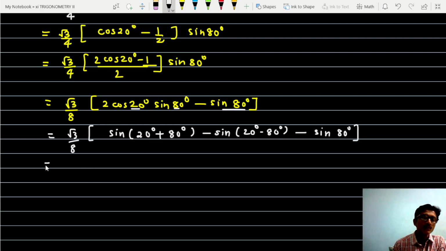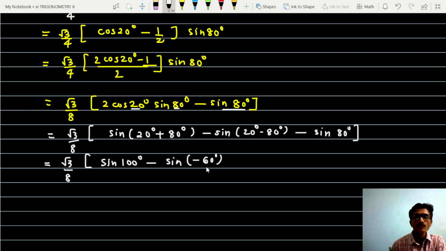This is equal to root 3 by 8 into sine of 100 degree minus sine of minus 60 degree minus sine of 80 degree.